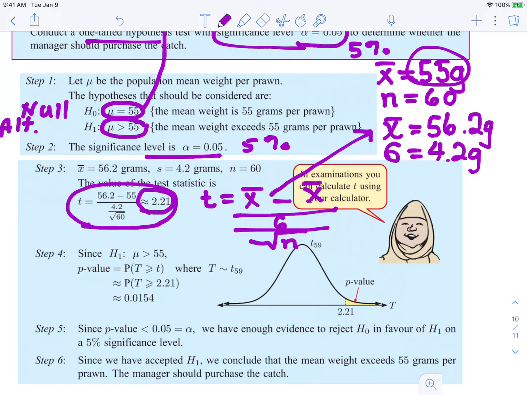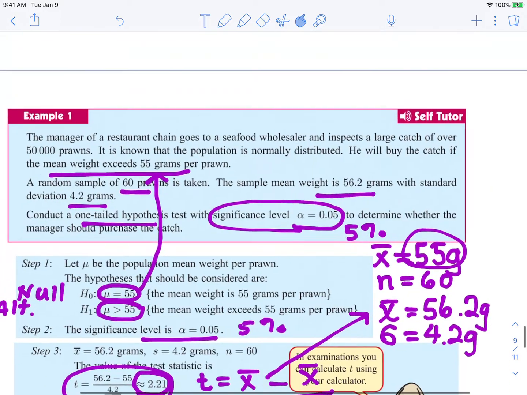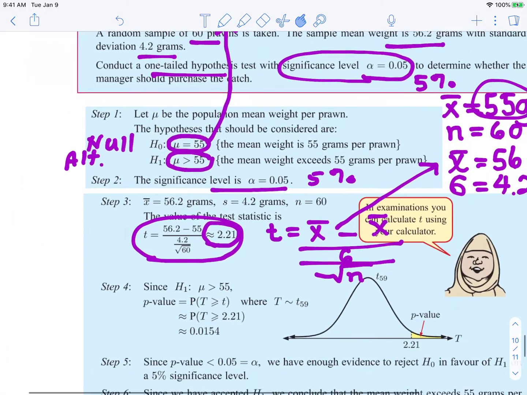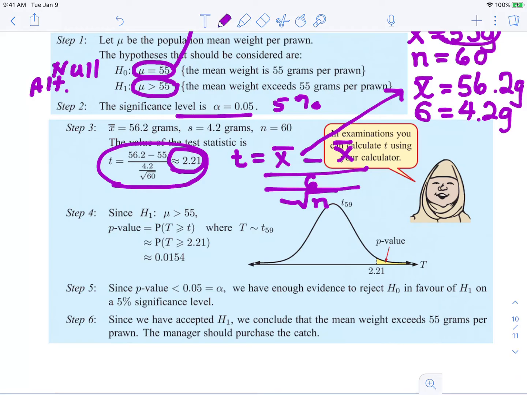Step 4. So step 4 is to calculate that p-value, depending on which of these three we have. So we have the greater than.